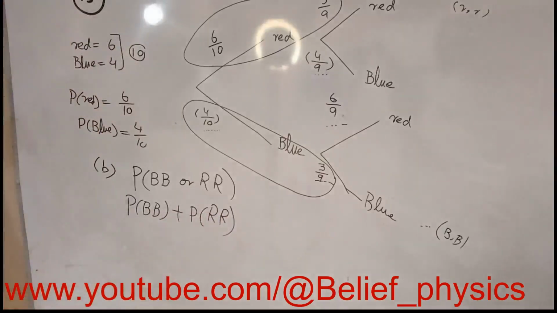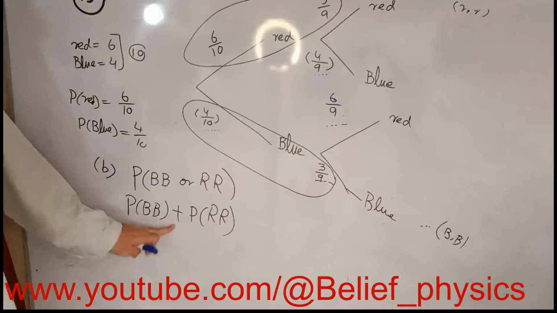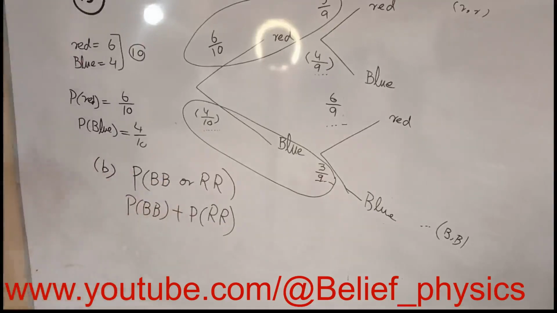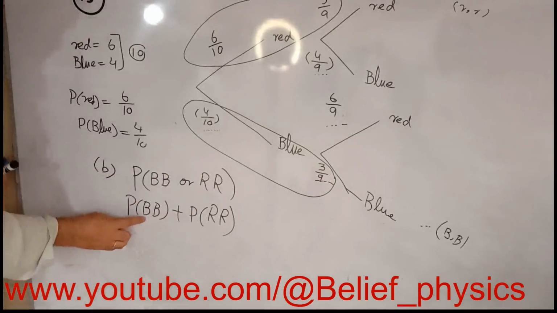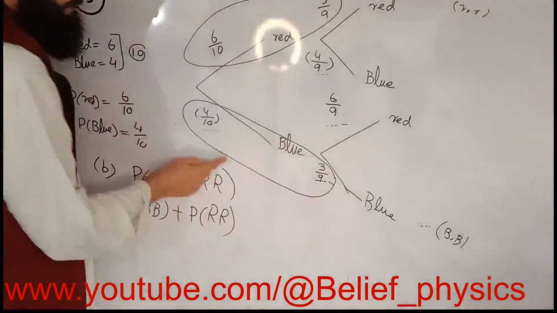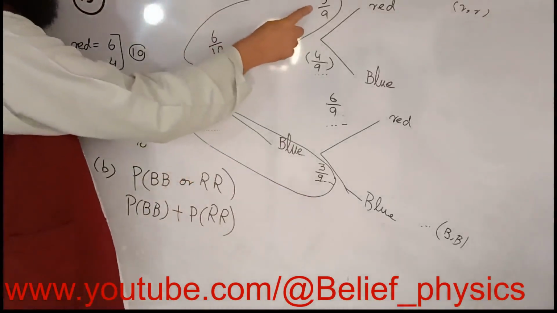When there is an or, it becomes plus. If it is and, this will become multiplied. This is and: blue and blue, red and red. So the probability of blue here and the probability of blue here will be multiplied. Similarly, the probability of red here and the probability of red here will be multiplied.